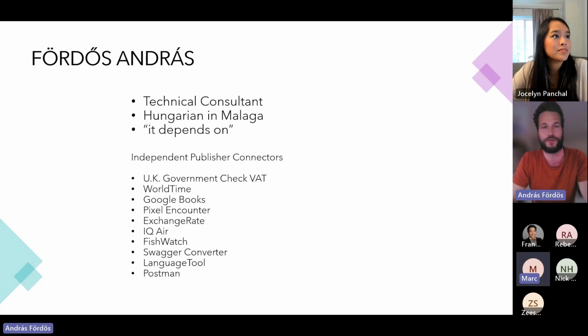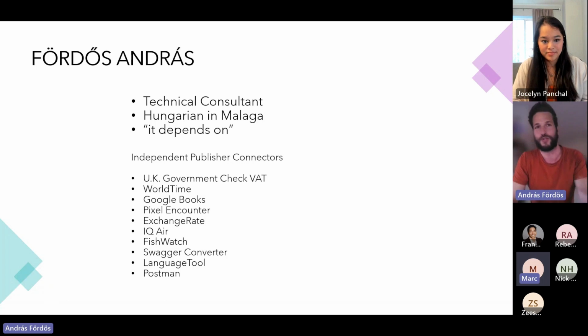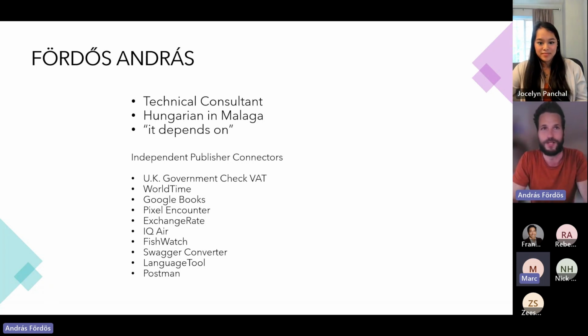And for that, the Pixel Encounter was a nice service, or is still a nice service. Basically randomly generating pixelated monsters, which you can just get through their service, which you can later use for icons, logos, avatars. Literally the limit is the sky.